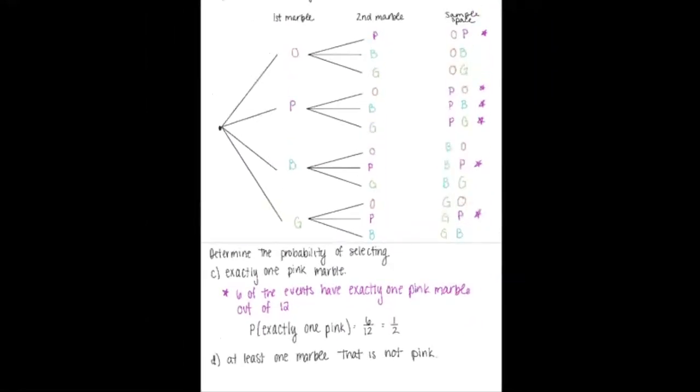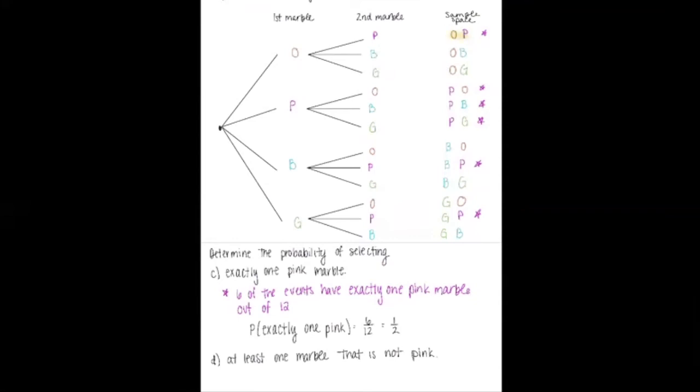So scroll back up. So this one's a little hard. I want out of my 2 for at least one of them to not be pink. What do you think about this? How many events fit that criteria? Has at least one that's not pink.